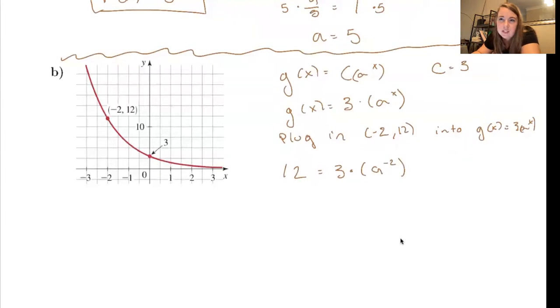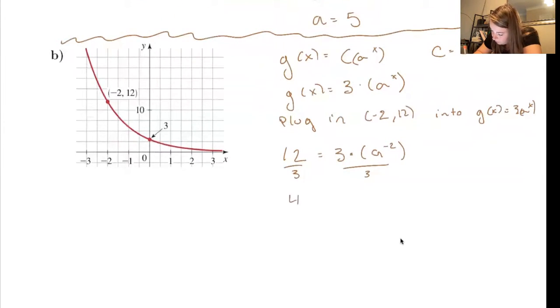It'd be too easy if I didn't give you a negative exponent. So I'm going to divide each side by 3. Right, we're just solving for a right now. So 12 divided by 3 is 4, a to the -2. So I want a's power to be 1.